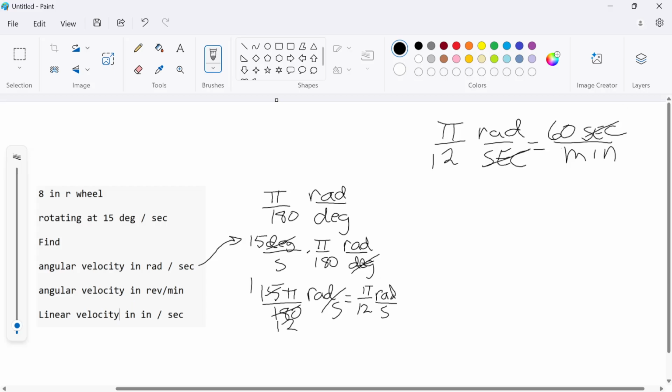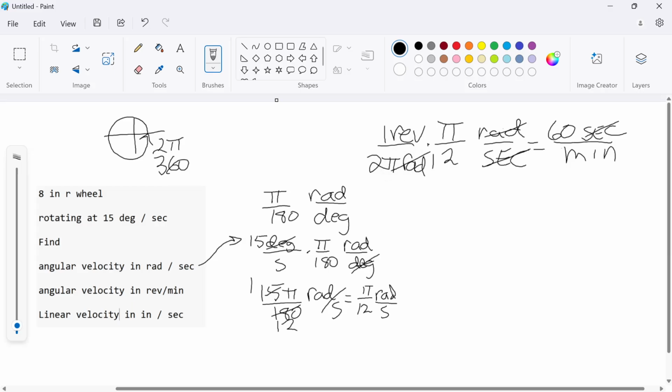Now I've got radians per minute, but I want revolutions per minute. On the unit circle, one time around is 2 pi radians, or 360 degrees. So I multiply by 1 revolution per 2 pi radians, and radians cancel out.